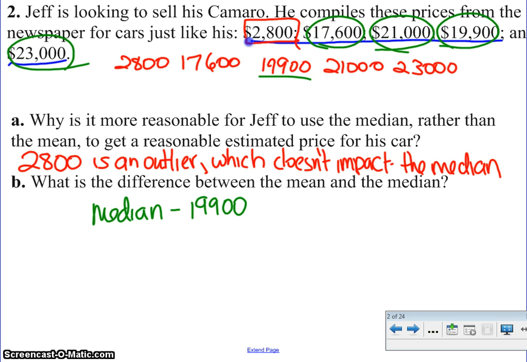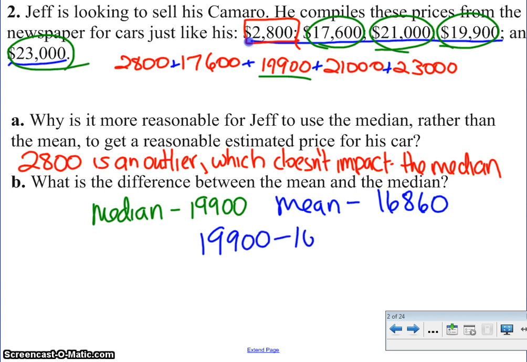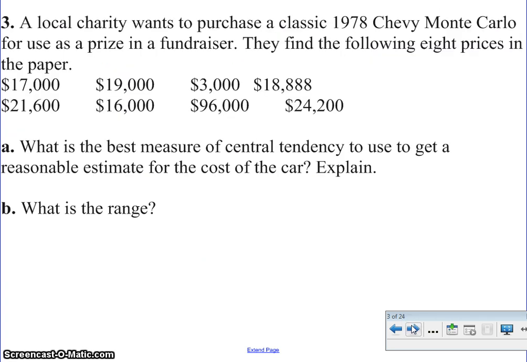Now the mean, on the other hand, is if I add all of these values together and then divide by 5, because I have 1, 2, 3, 4, 5 values, the mean actually comes out to 16,860. And it wants to know the difference, so if we take 19,900 and subtract the 16,860, it made a difference of $3,040. Pretty big difference.